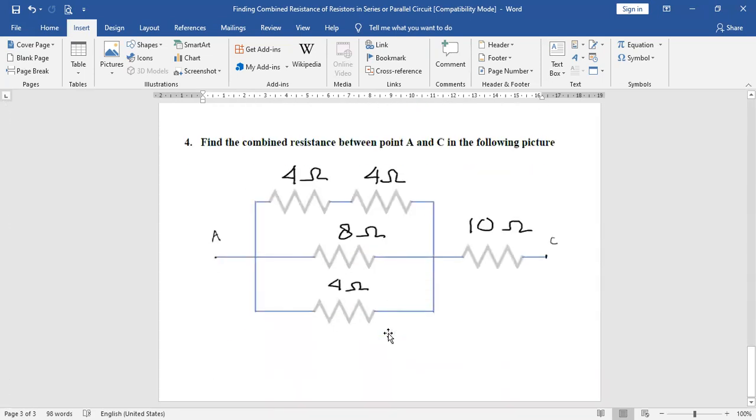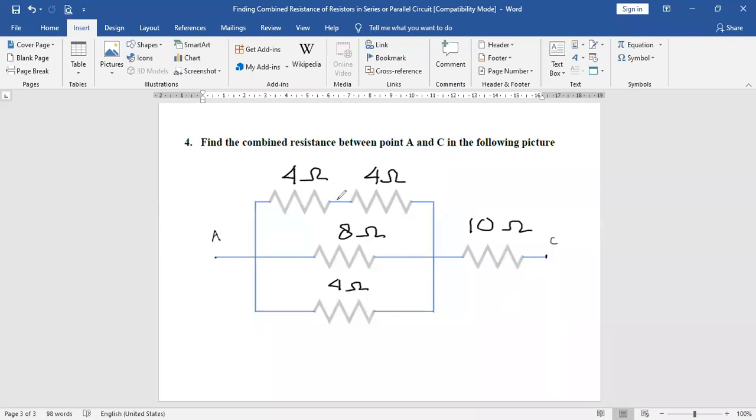Now, as the last example, this time I will go directly. If you can see here in the drawing, it is a combination of series and parallel again.